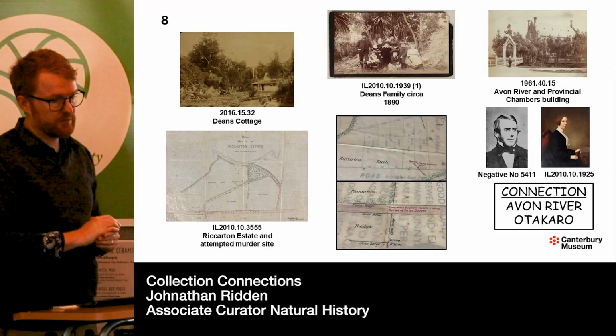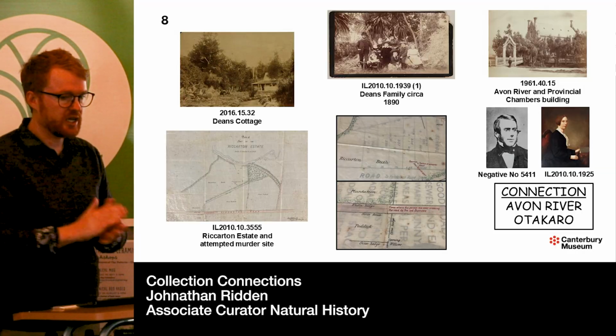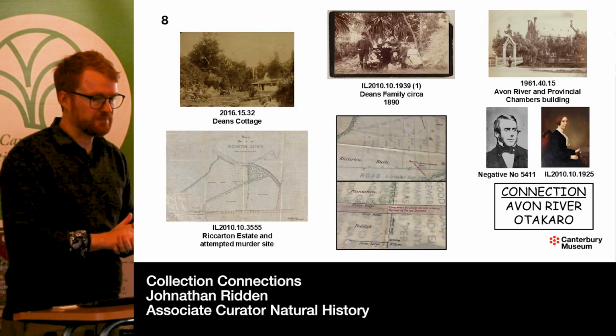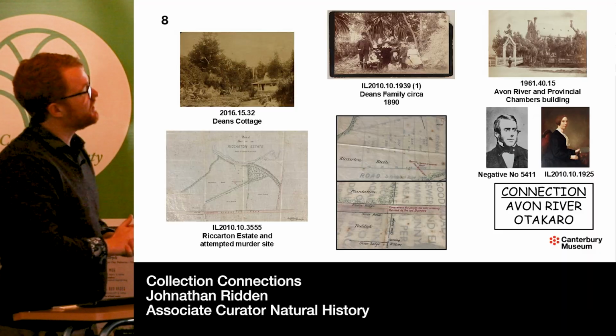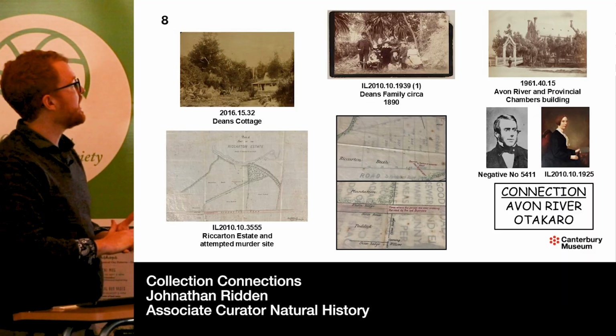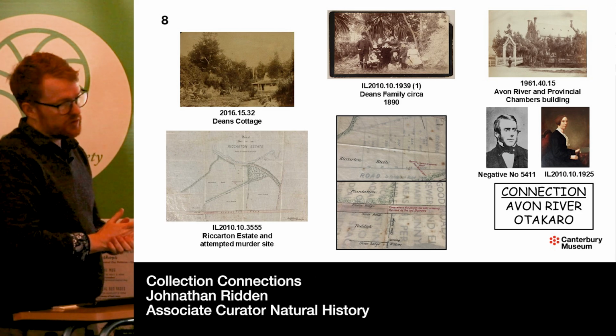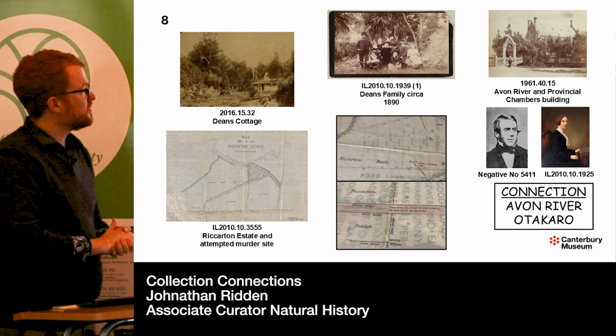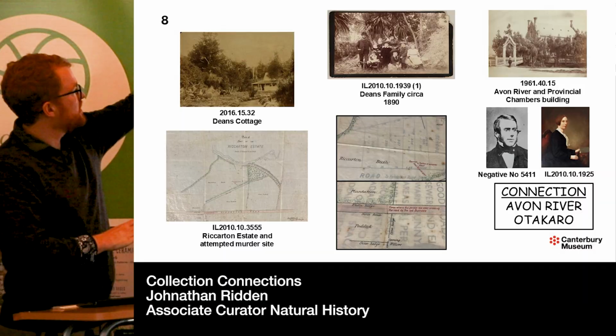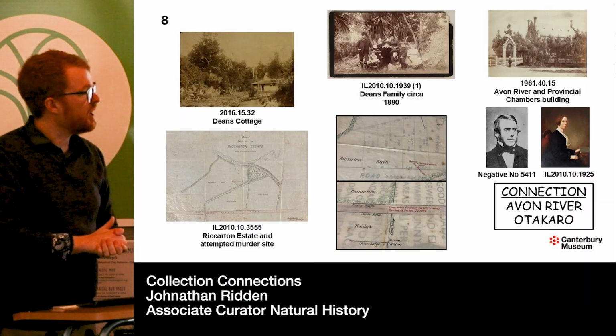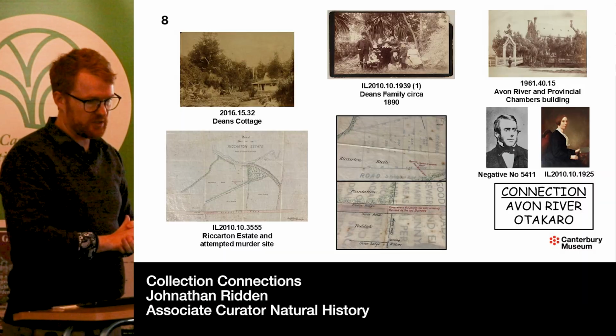And the Deans are a big reason why we still have brick and wood preserved in perpetuity. The top middle photograph is of the Deans family, about 1890. So John Deans has passed by then, but you've got Jane Deans in the middle, and then the rest of the family growing up over time.